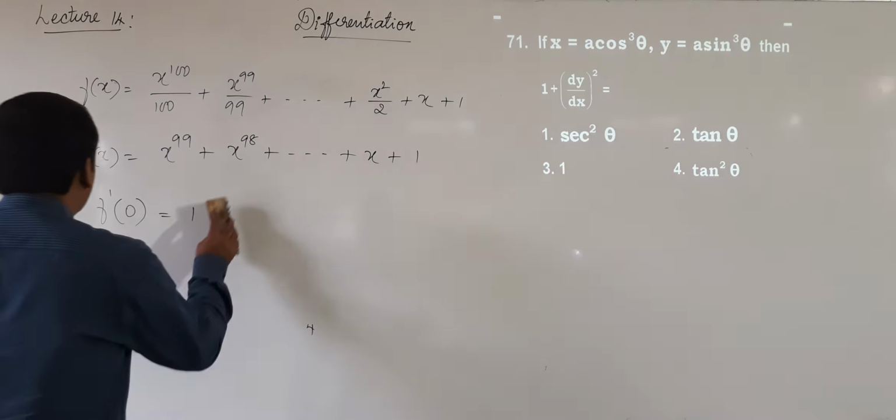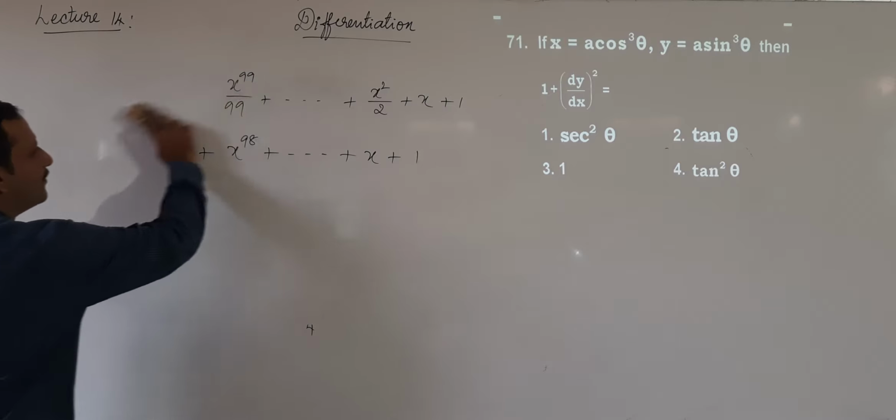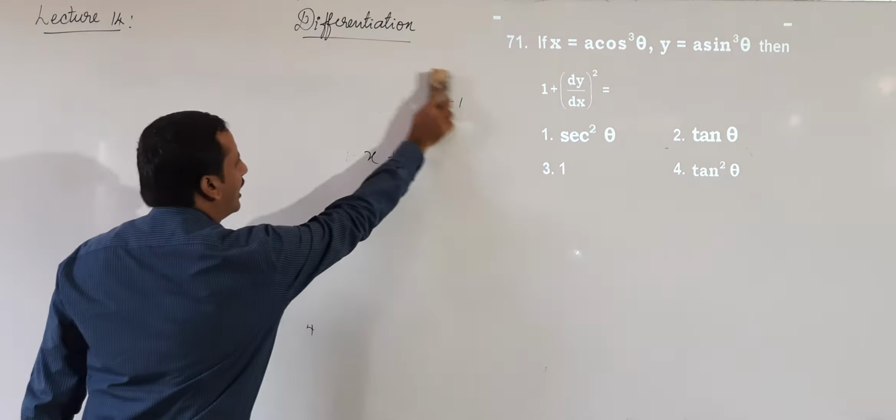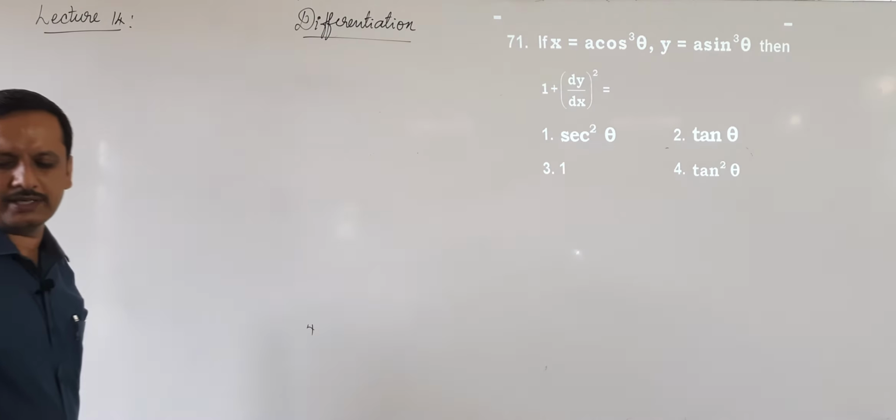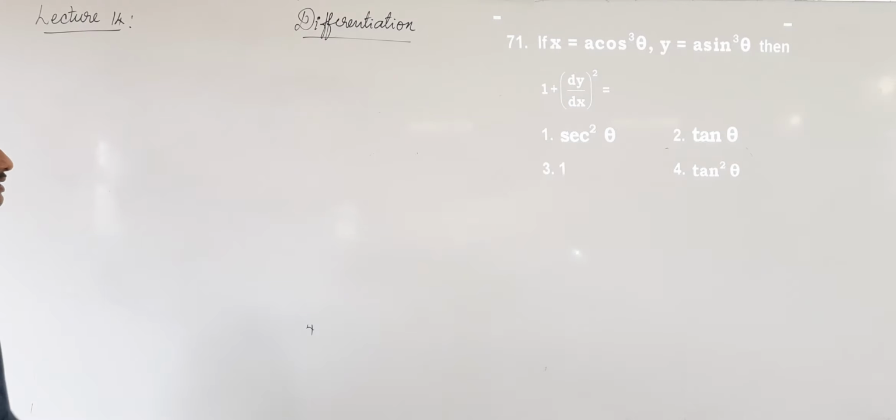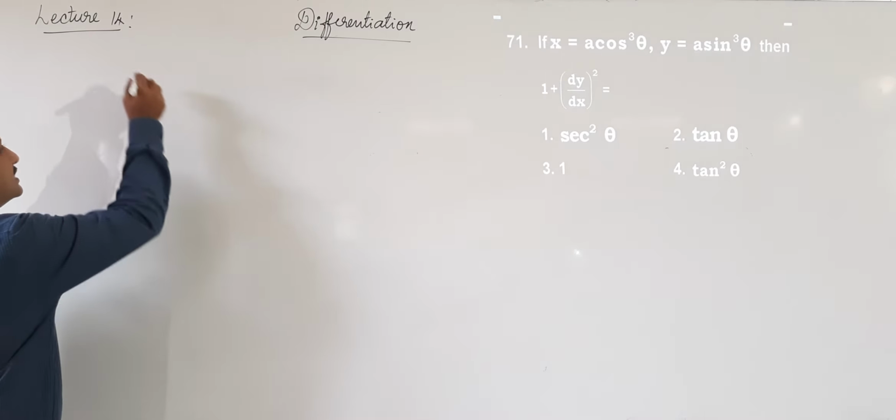71. If x is equal to a cos cube theta and y is equal to a sin cube theta, then 1 plus dy by dx whole square is equal to.